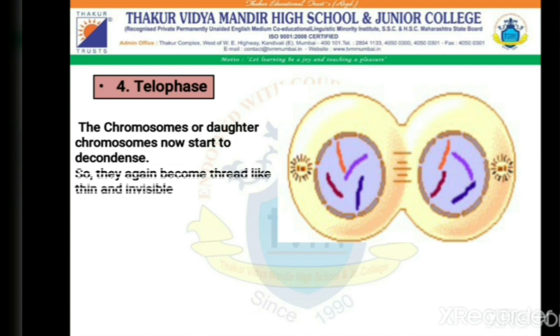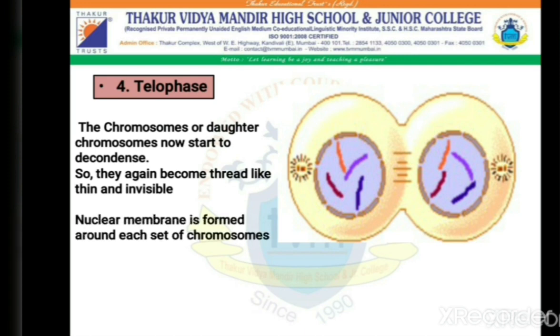So they again become thread-like, thin, and invisible. The nuclear membrane, which started disappearing, is formed again around each set of chromosomes. Thus, two daughter nuclei are formed.